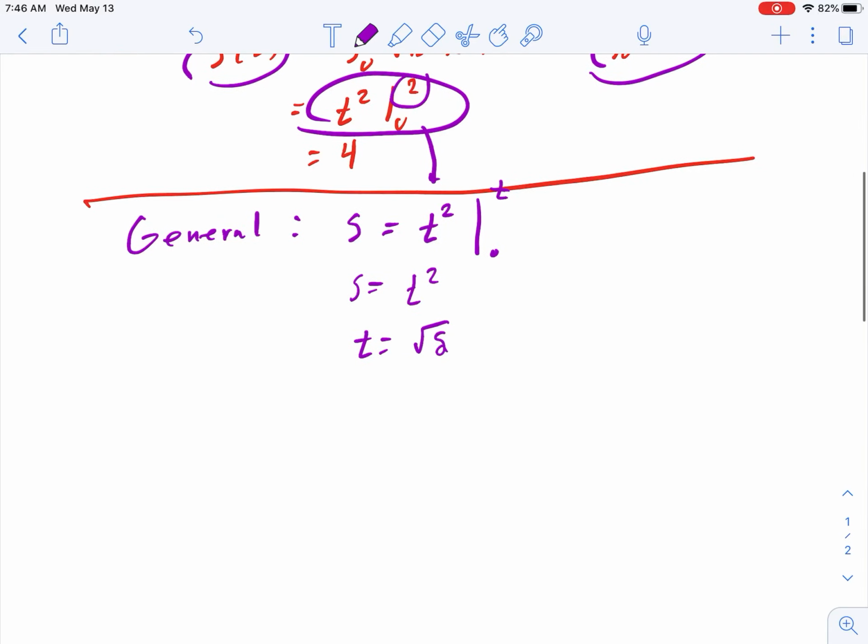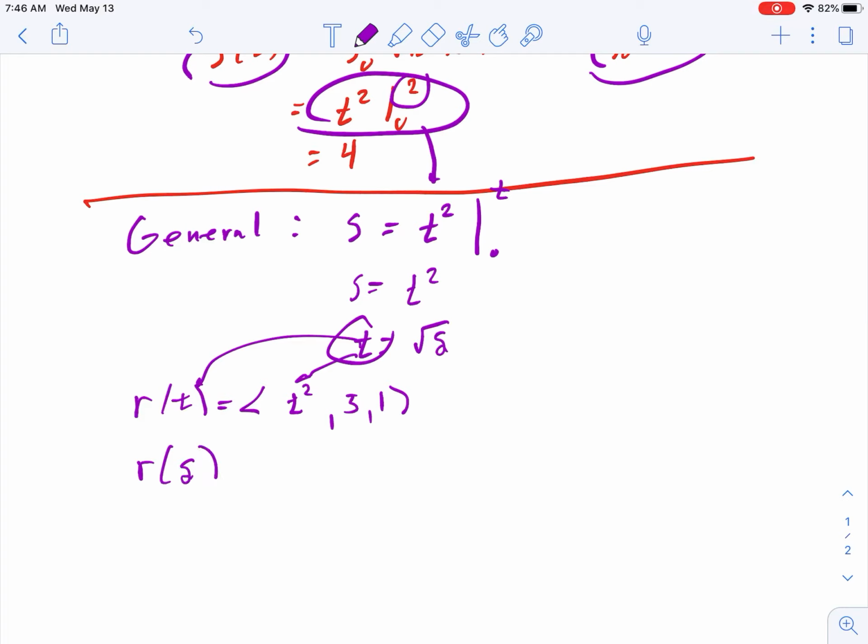If we plug it back into our equation, r(t) was t squared, 5, 1. Now replace t, so you have r of s, and that would give us s, 5, 1.